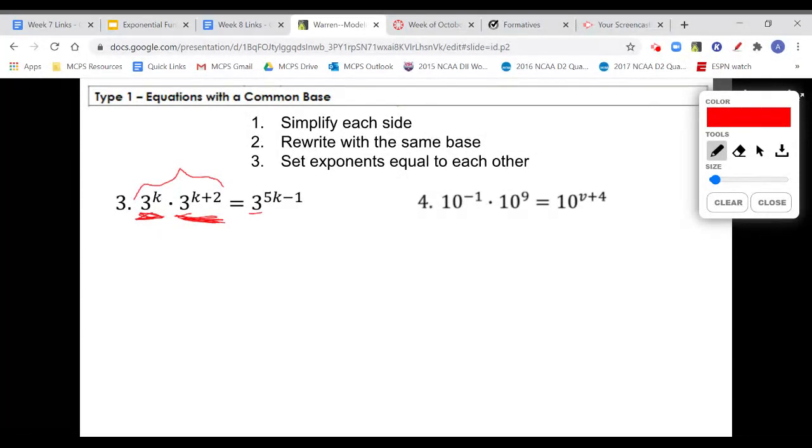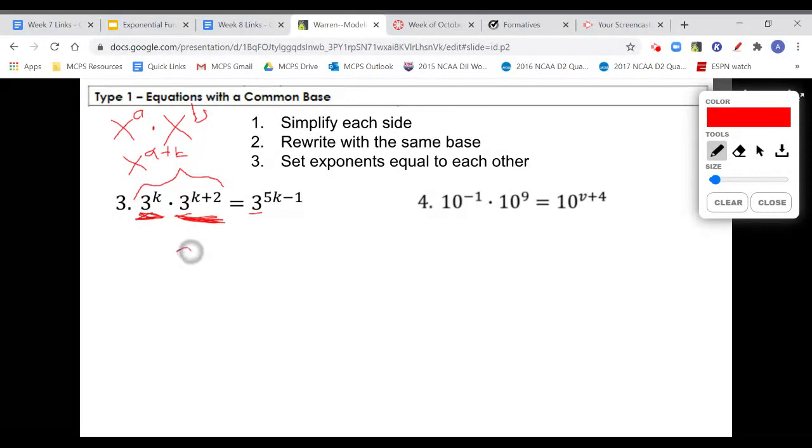Now again, remember, and I briefly touched on this on the last slide, our properties of exponents tell us that if we have x to the a times x to the b, I can simplify that as x to the a plus b. Essentially, if I have the same base in both expressions, I can combine them into one expression by keeping the base and adding the exponents.